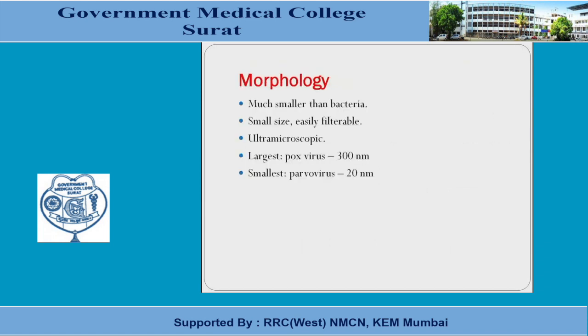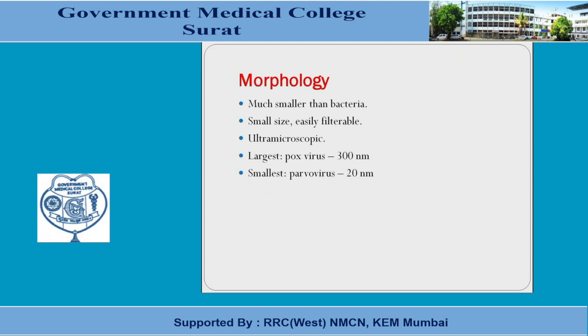Morphology: viruses are smaller than bacteria, easily filterable, and cannot be seen in a light microscope. We have to use electron microscopes. The largest virus, for example the pox virus, is about 300 nanometers in size, and the smallest virus is the parvovirus, about 20 nanometers in size.